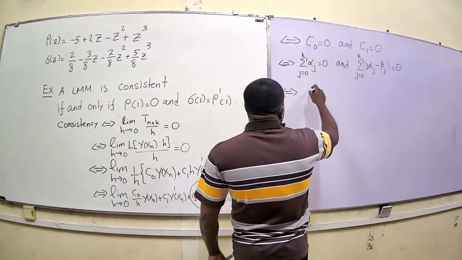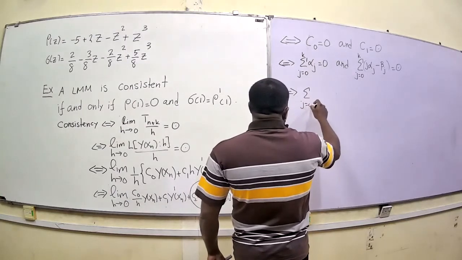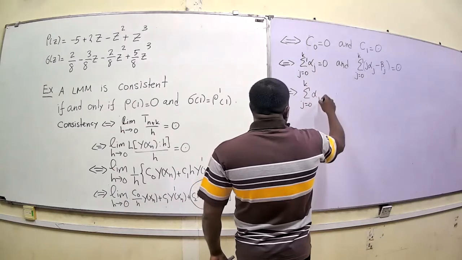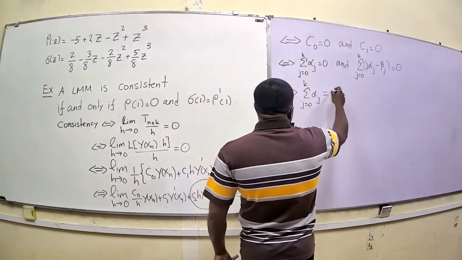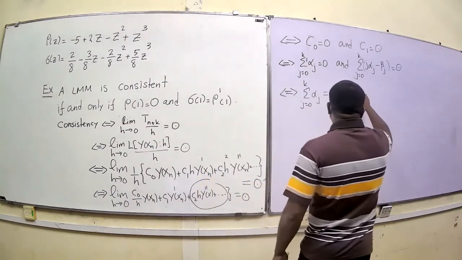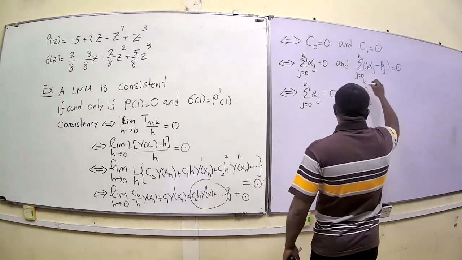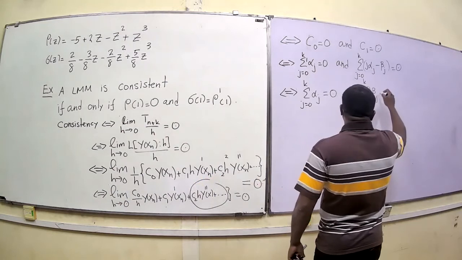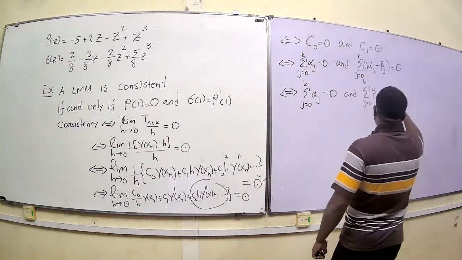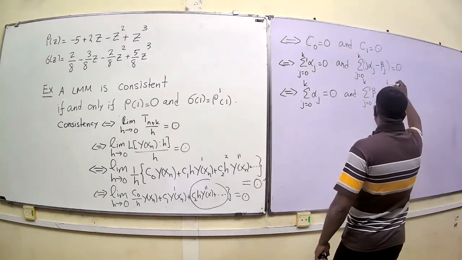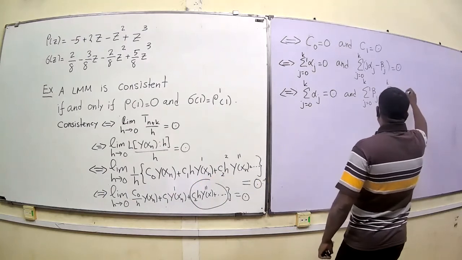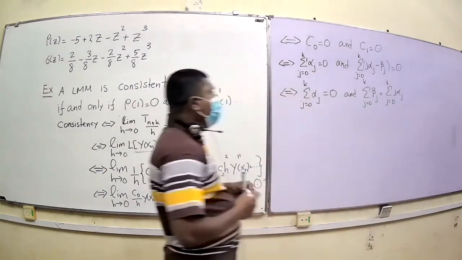So this is the sum of alpha j equal to 0, and the sum of beta j equal to the sum of j times alpha j.